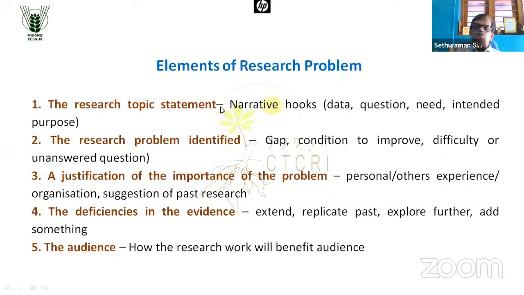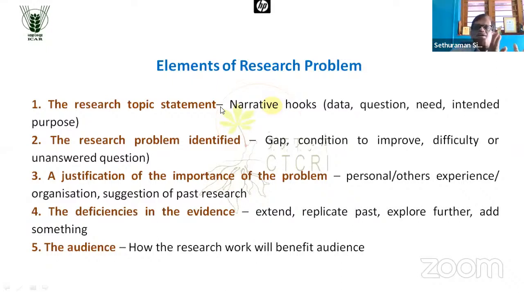To get more confidence in the research findings, another 200 or 300 samples are required. My junior or anybody can do it with additional samples, so that the findings which I suggested will be justified or maybe improved upon. So you can do it like this to explore further or to add something.